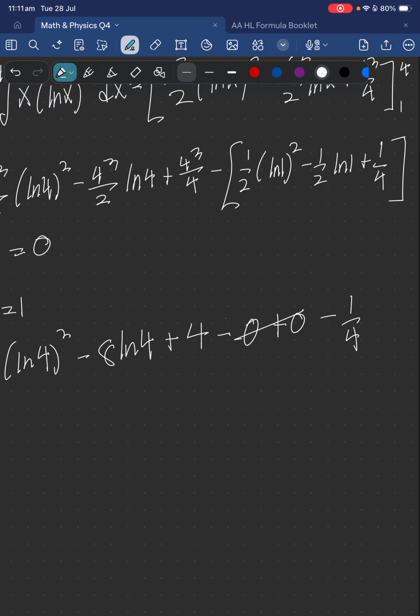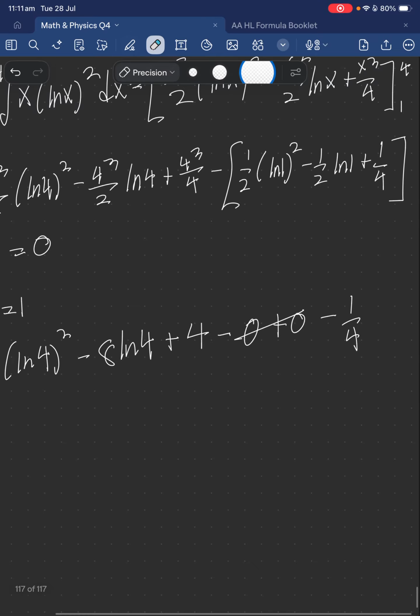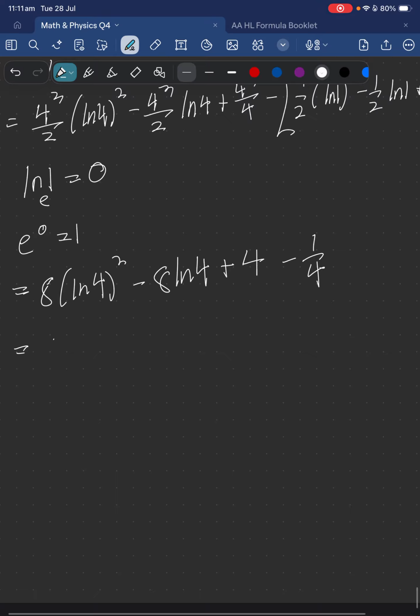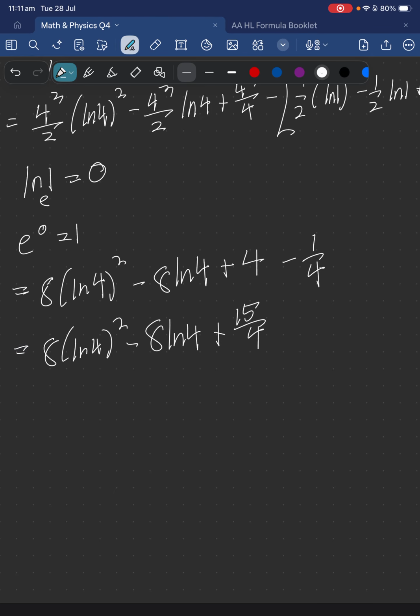So this can be crossed out. So just erasing that, we get minus 1/4. This is equal to 8 times natural log of 4 squared minus 8 natural log of 4 plus 16 over 4 minus 1 over 4, which is 15 over 4.